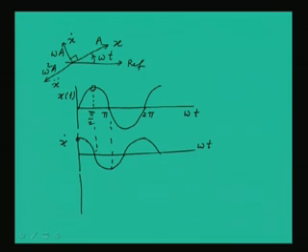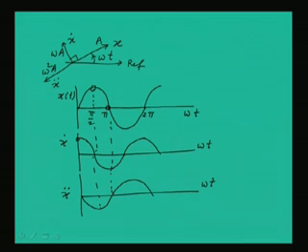If we want to draw the acceleration, then because it leads by pi, pi is somewhere here. So we have to start the acceleration diagram from this point, that is, it will come like this. So wherever minimum is there, maximum will come, wherever maximum is there, minimum will come.